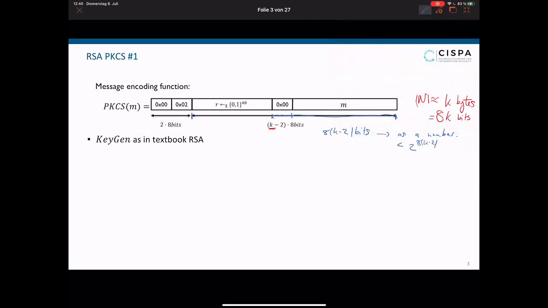And here's now this peculiarity about PKCS1, which we'll see in a moment ruins everything.